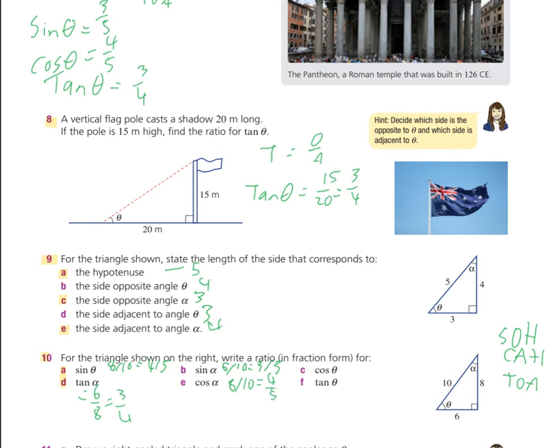Cos theta is going to be adjacent on hypotenuse. Adjacent to theta is 6. Hypotenuse is 10. 6 on 10, which equals 3/5. And tan theta, opposite over adjacent, is going to be opposite 8 over adjacent 6. 8 on 6 equals 4/3.